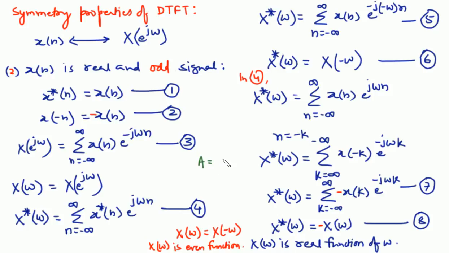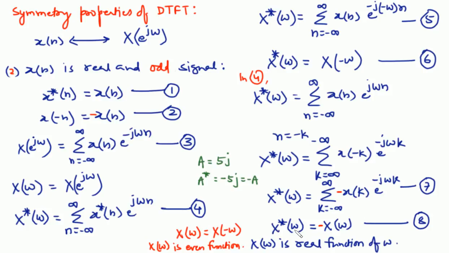See, if we have a complex number or imaginary number, say a is 5j, and if I take the complex conjugate of a, then it becomes minus 5j, or minus a. So if a is imaginary, then the complex conjugate of a is minus of a. Same thing is here also.